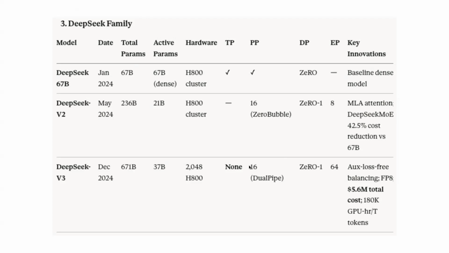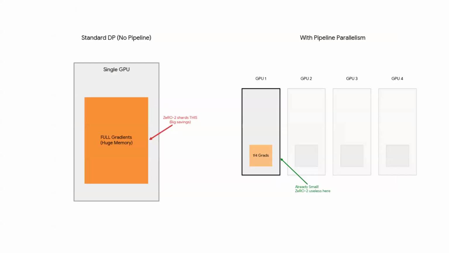At the same time, going back to ZeRO, since they already do pipeline parallelism, it seems that the math checks out for them to use only ZeRO-1. When you do pipeline parallelism, each one of the GPUs already owns, say we have 4 GPUs, only 1/4 of the model layers, right? That means they already store not the entire gradients, but only 1/4 of the gradients.